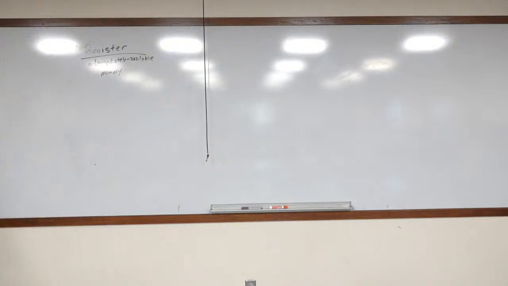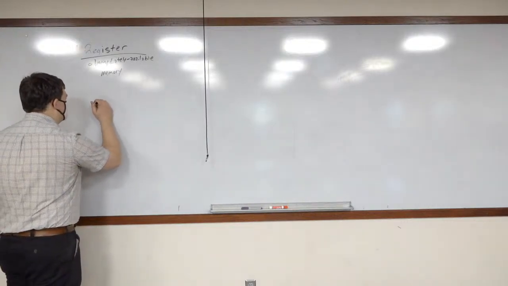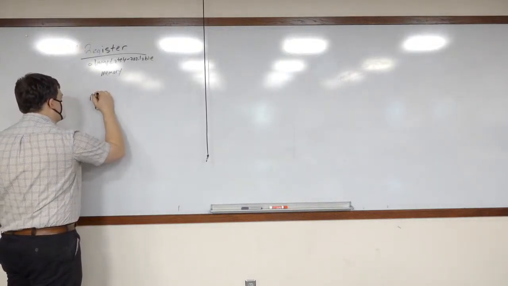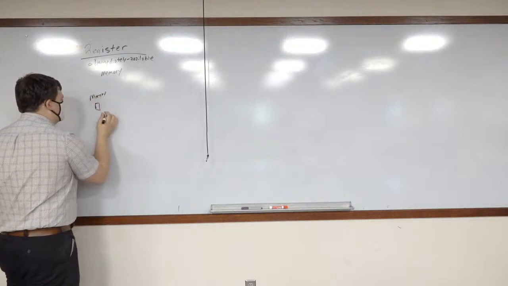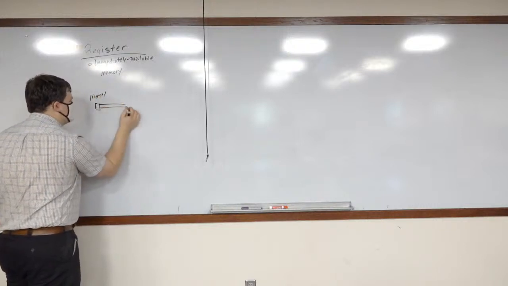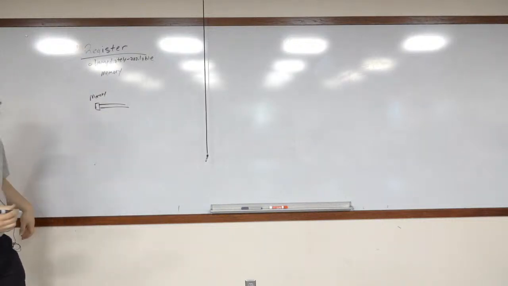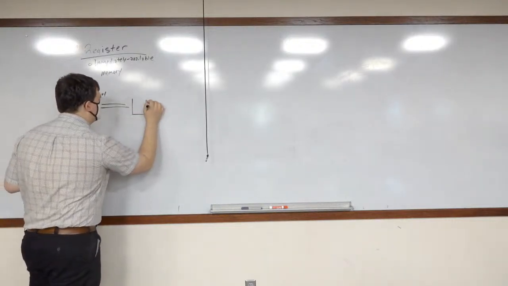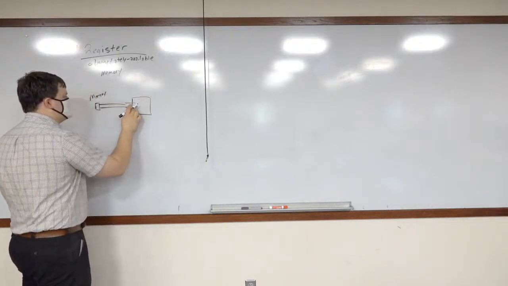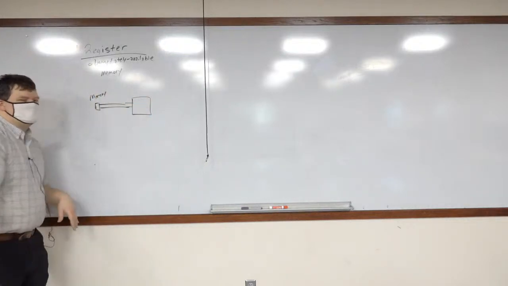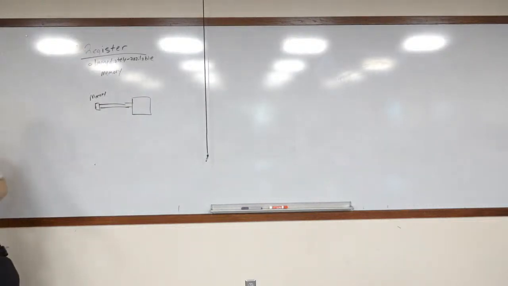So here you have your memory. The memory gets accessed. It sends out whether that pin is on or off to the processor, which happens at the speed of light, which is basically instantaneously.